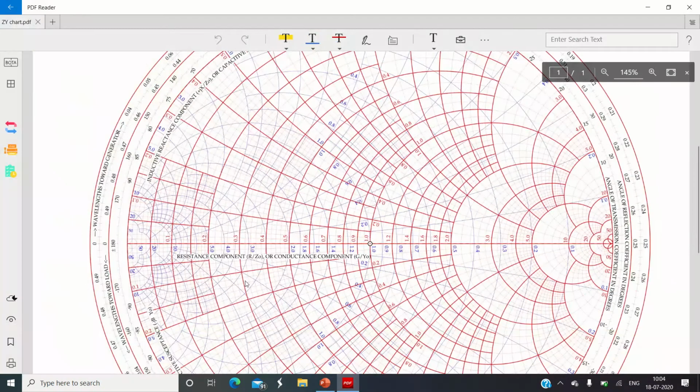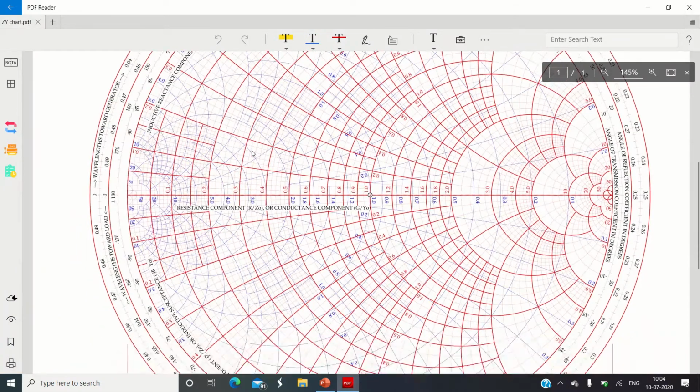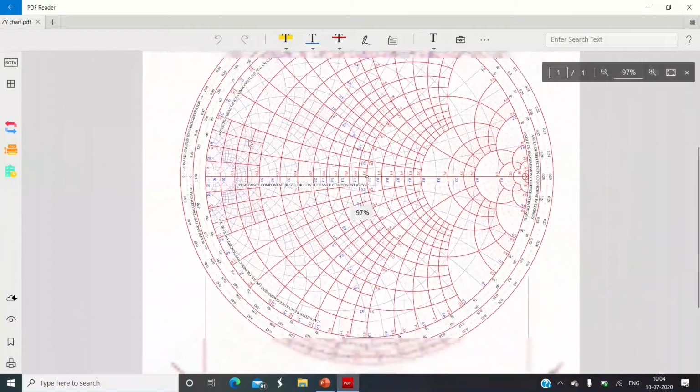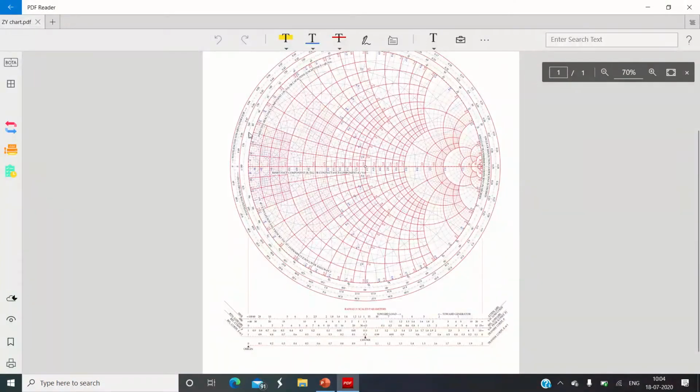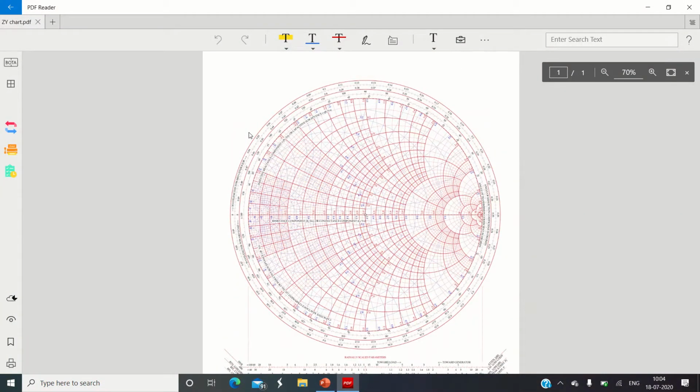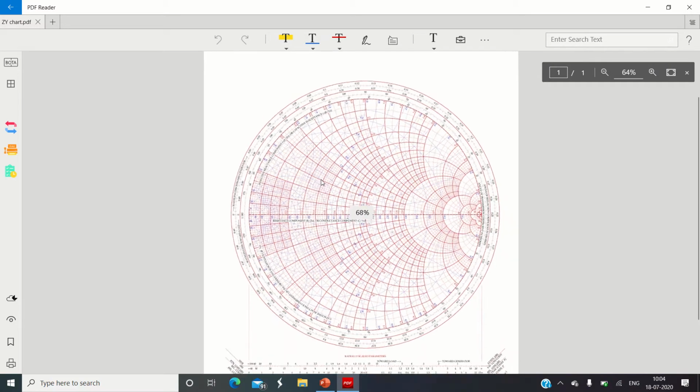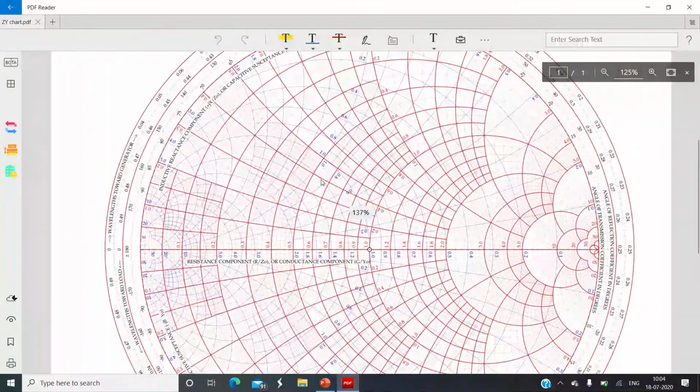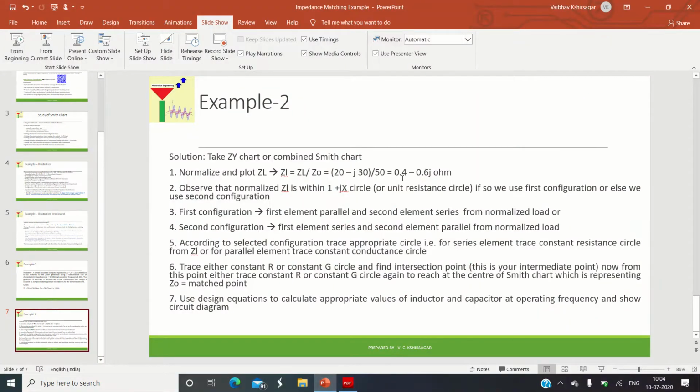Here I have a brand new Smith chart available. This is a combined Smith chart, or ZY Smith chart. I hope you have a ZY Smith chart hard copy of a similar type. The first step is to plot the normalized value of load impedance. The real part is 0.4, indicating a constant resistance circle of value 0.4, and the imaginary part is negative, which indicates negative reactance.